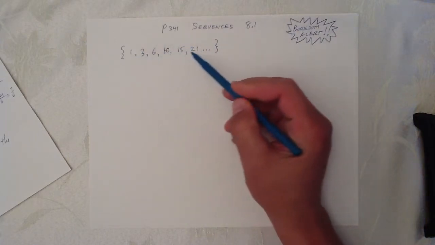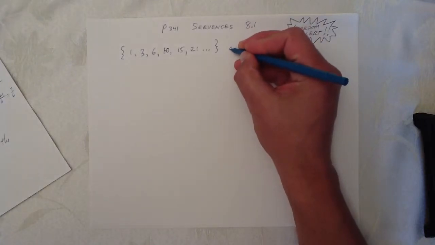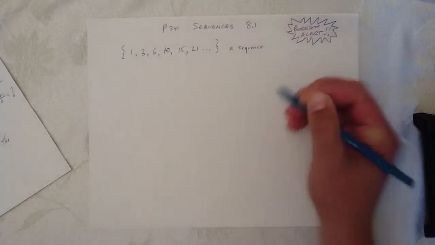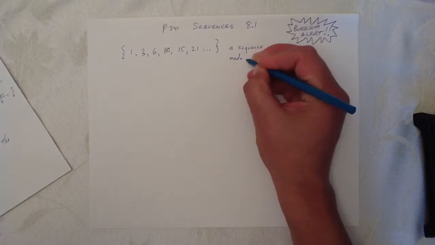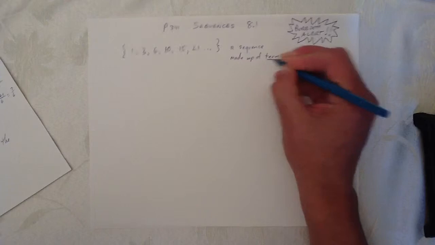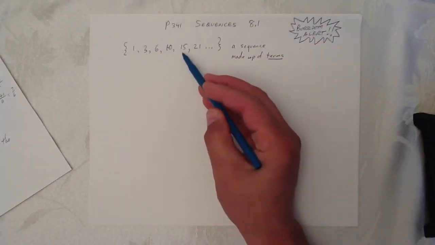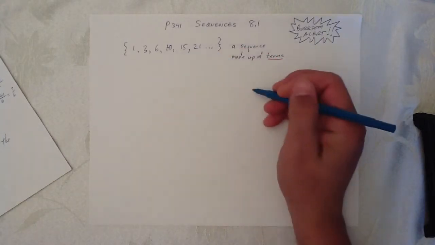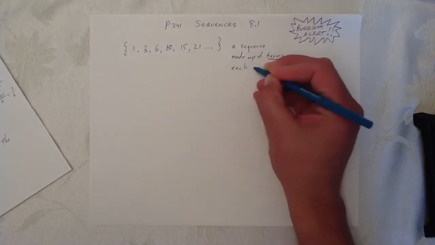So this is a sequence of numbers, and a sequence, let's just write this down, a sequence is made up of terms. So there's term number 1, term number 2, term number 3, term 4, term 5, term 6, all the way to, well, any term in here would be called the nth term. So each term has a position.